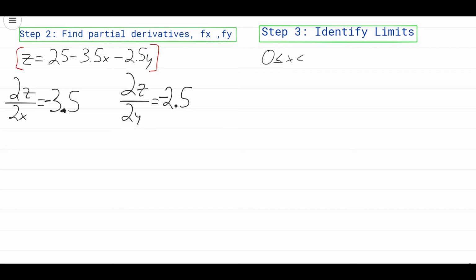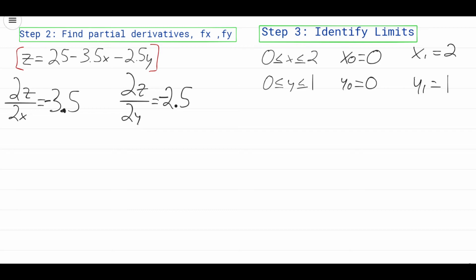We are given x is from 0 to 2. So x naught is 0 and x1 is 2. And then for y, it's bounded from 0 to 1. And how do I know this? Because we're given the rectangle, as in the previous example.